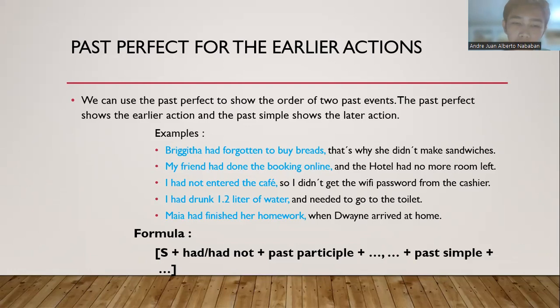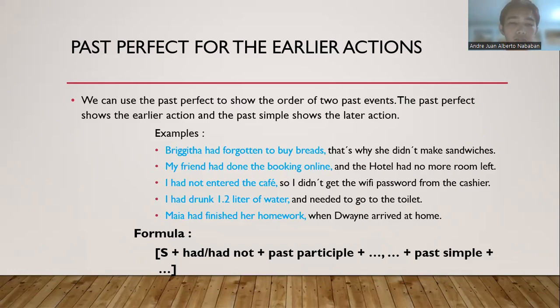And here I give the last example for this explanation, past perfect for the earlier action. So the fifth example is: Maya had finished her homework when Dwayne arrived at home.